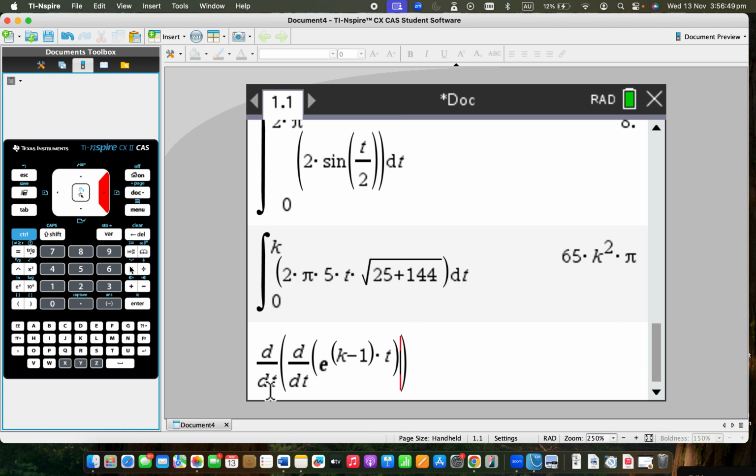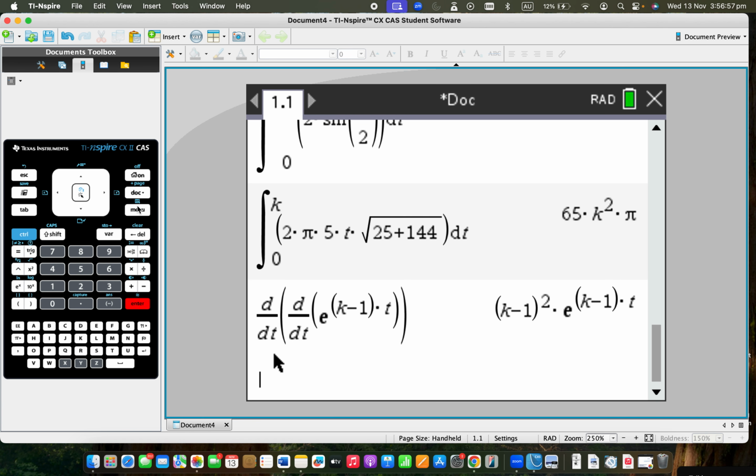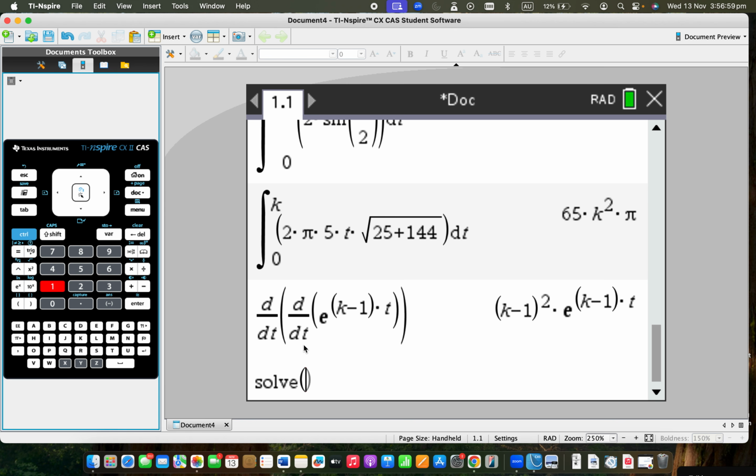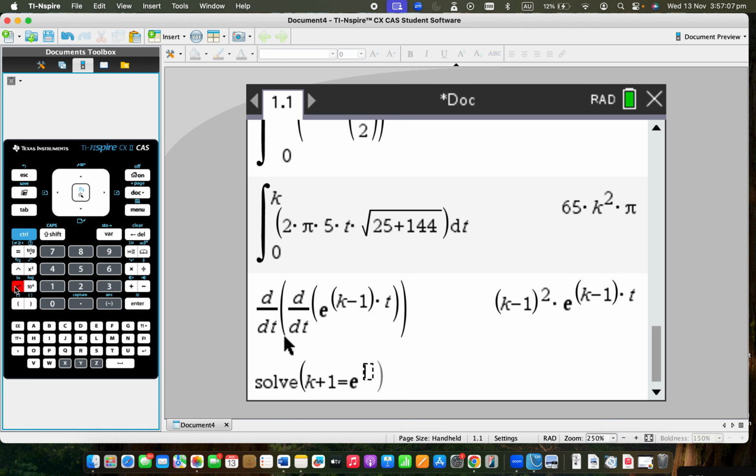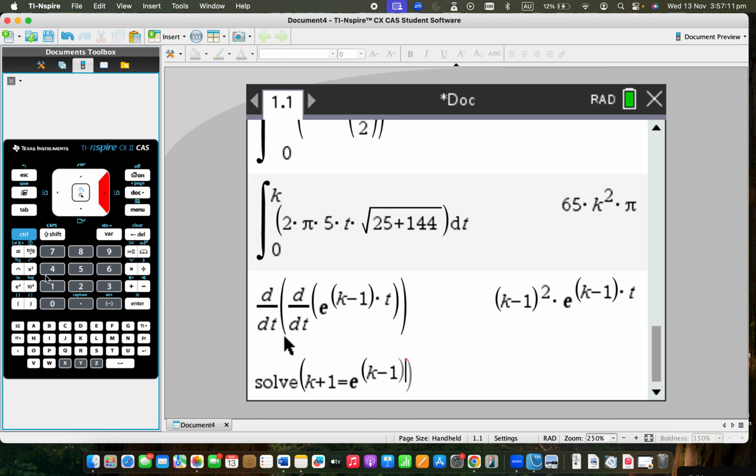We want to know the acceleration when x is k plus 1. Okay, so first of all, I'll just leave that for now. What we can do is we can solve for t when x is k plus 1. So k plus 1 is equal to e to the power of k minus 1 times t, comma t.